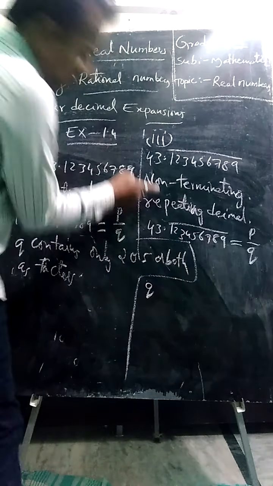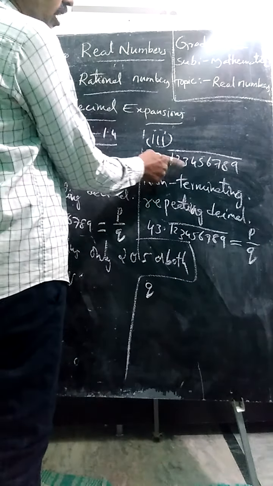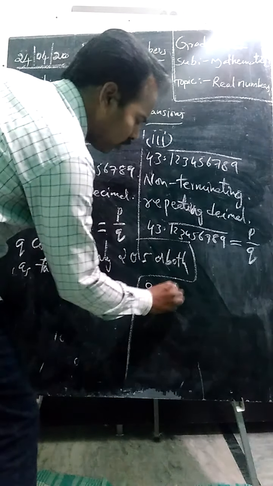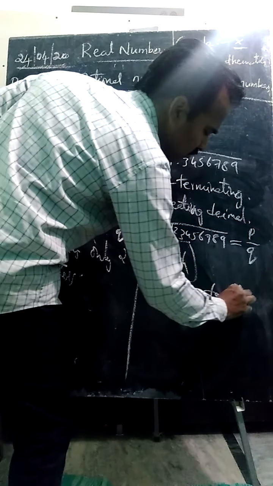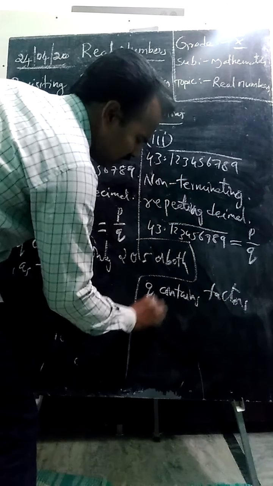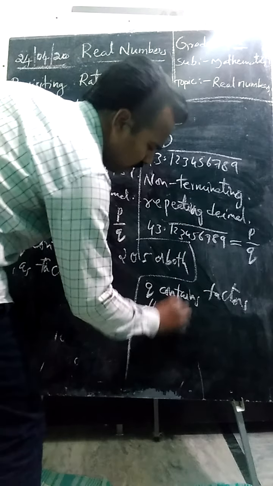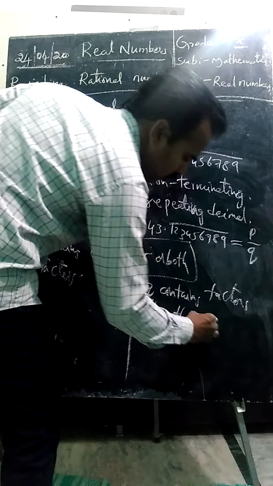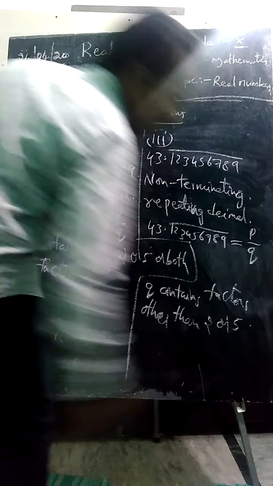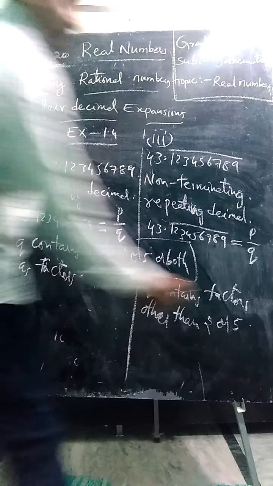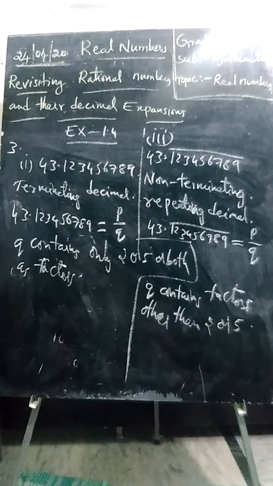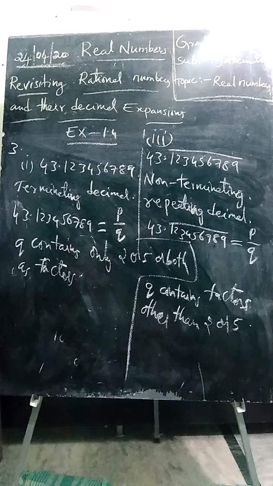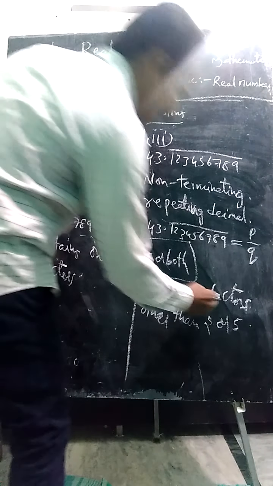So it is rational, but since it is non-terminating repeating, q contains factors other than 2 or 5. I mean, it may contain even 2 or 5 as factors, but also other than 2 or 5, which are prime numbers. So it contains prime factors other than 2 or 5, meaning it may contain 3, 7. Please mention clearly prime factors.